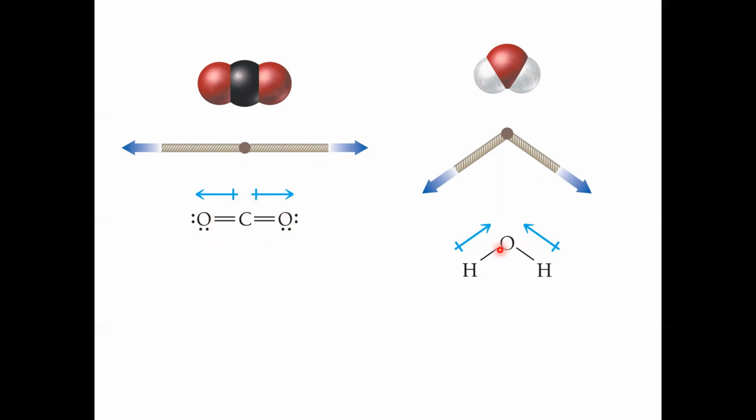But what we know is that the hydrogens are not actually bonded right across from each other. They're actually at a bent angle. So we do have a polarity going toward the oxygen from the hydrogen here, and we have another similar polarity here, but these are not opposite to each other, so they don't cancel each other out. So for H2O, that is a polar molecule.